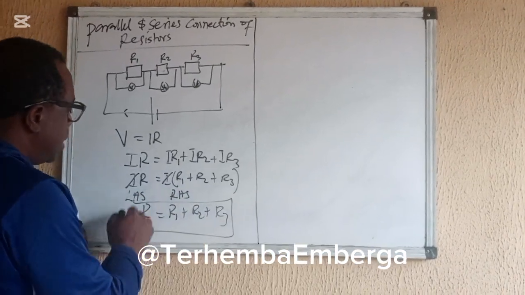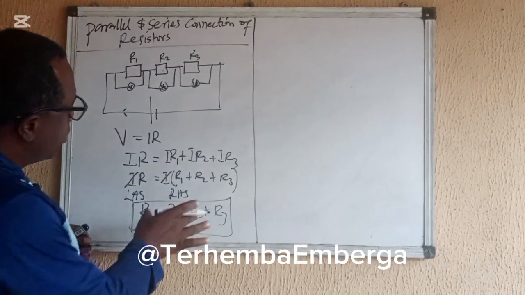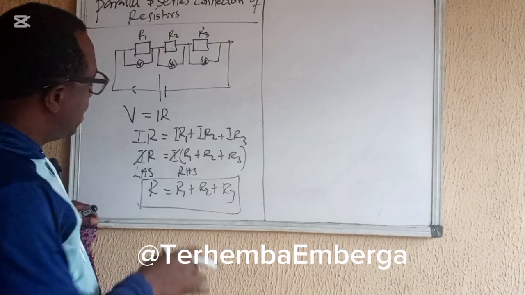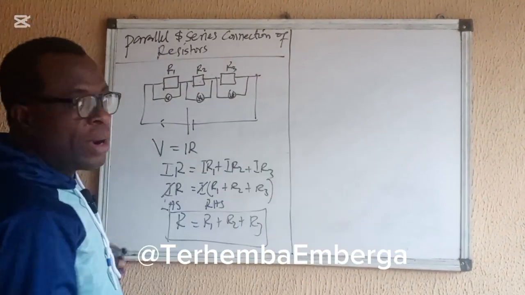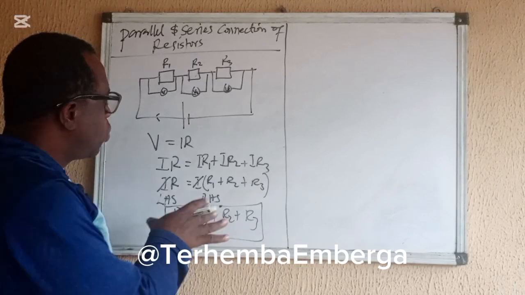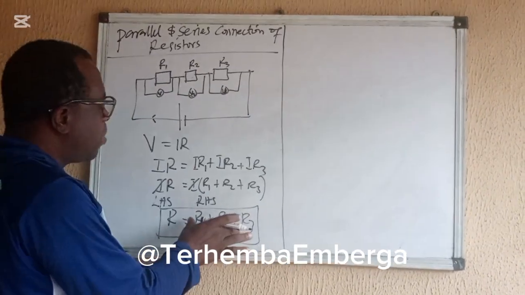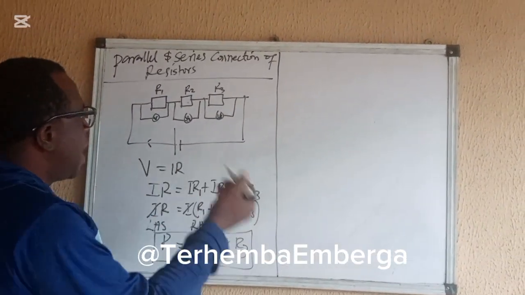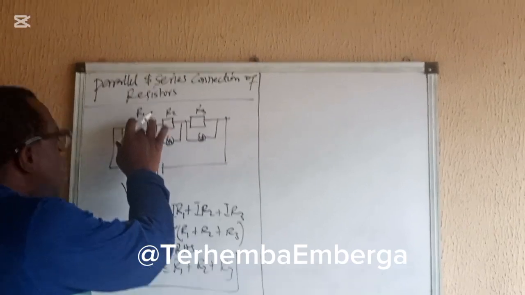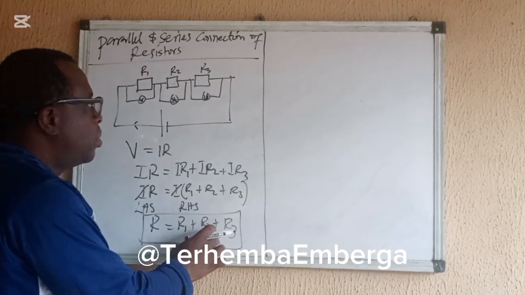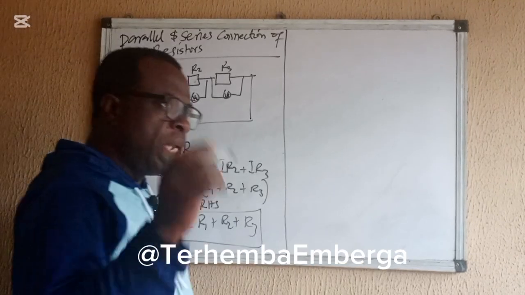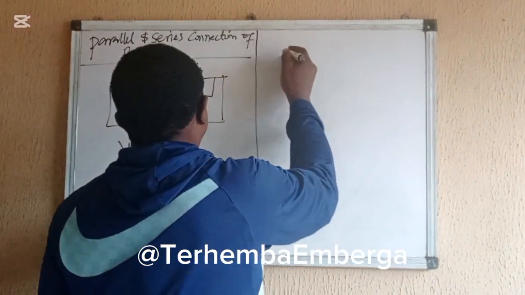And this is the formula for calculating the equivalent resistance when resistors are connected in series. I always want students to know how these formulas are derived. So if you are asked to calculate the total resistance or equivalent resistance, this is the formula we're going to use.